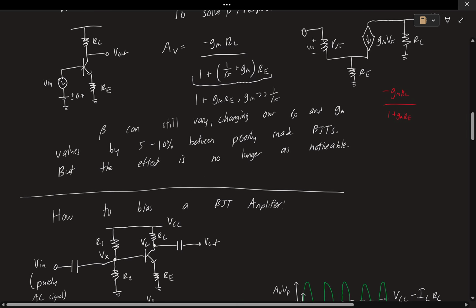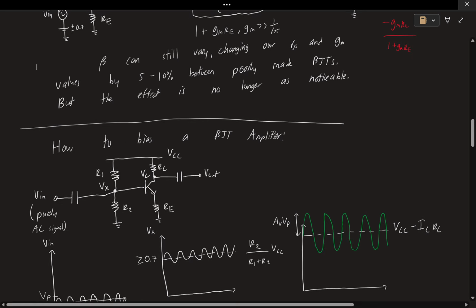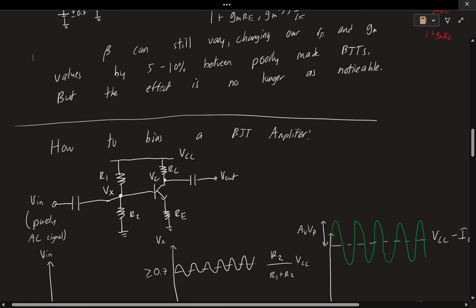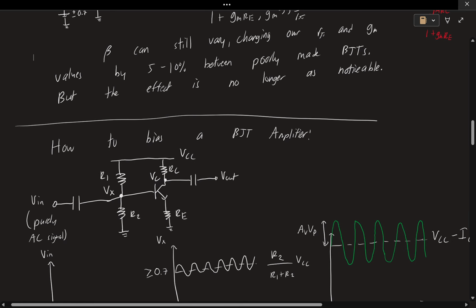So over here from before, you saw that we biased our base with our DC 0.7 volts, and we applied our input signal VIN on top of that, okay? There's a very similar concept going on here, okay? We want to bias our base still, okay? We still want to have it at 0.7 volts. So to do this, we employ a voltage divider from our VCC to do so, okay?